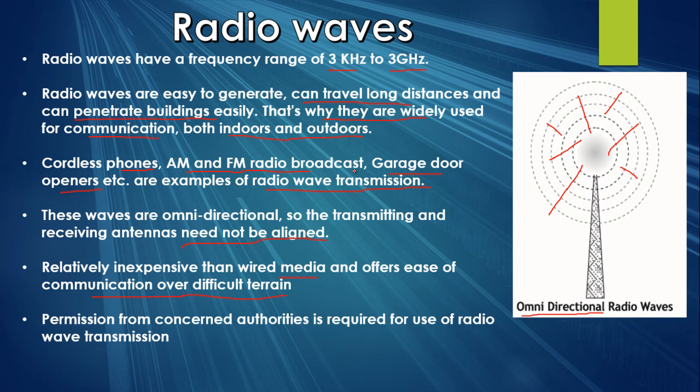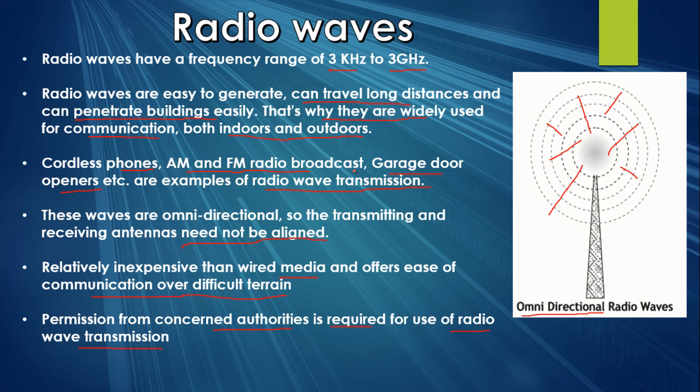And also, permission from the concerned authorities is required for use of radio wave transmission. As you see, in radio wave transmission you have to take permission from the concerned authorities, right? Suppose Airtel is providing us the mobile facility. That means Airtel is using the radio wave communication medium, right?